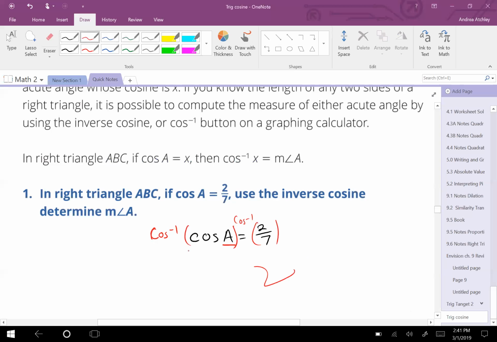So these will cancel out and I get the measure of angle A is going to be the inverse cosine of 2 over 7.